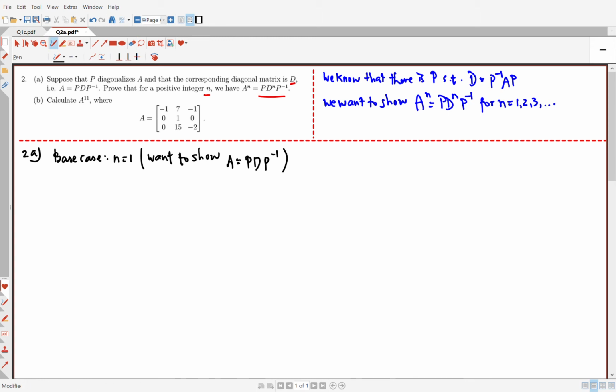But this is quite straightforward because we have D is equal to P inverse AP.